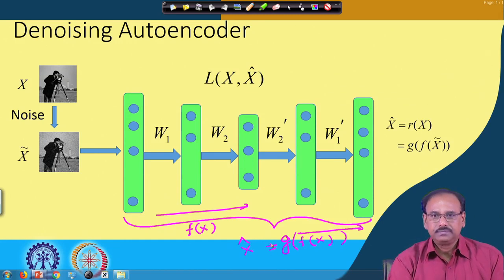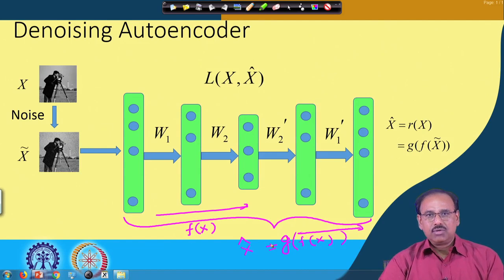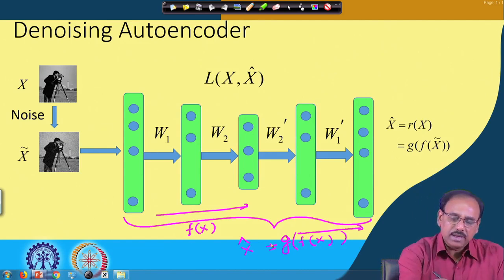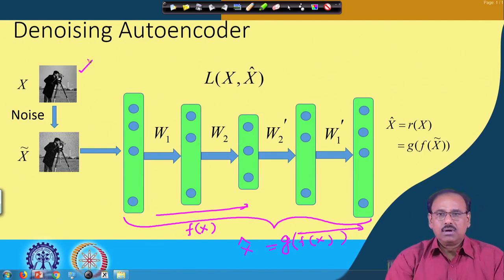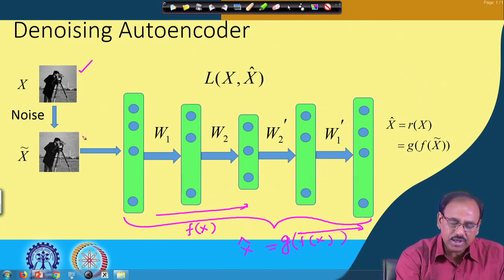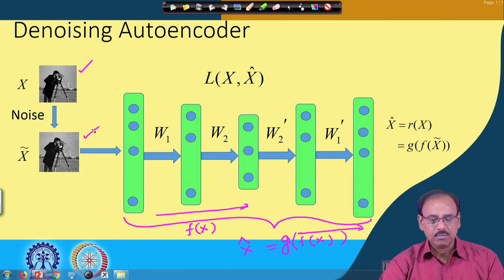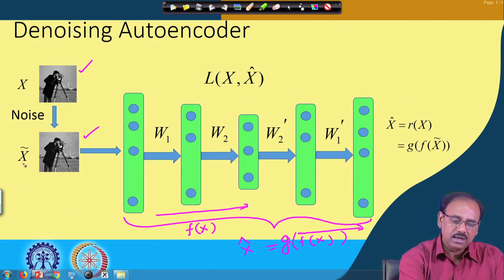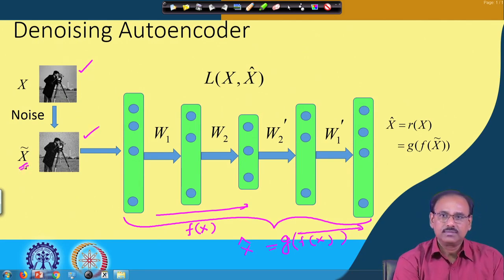data x hat. Right. So in the case of this denoising autoencoder, suppose my original training data is x. I am adding noise to it, or perturbing this input data by a noise process or a perturbation process, to get noisy data which is x tilde.